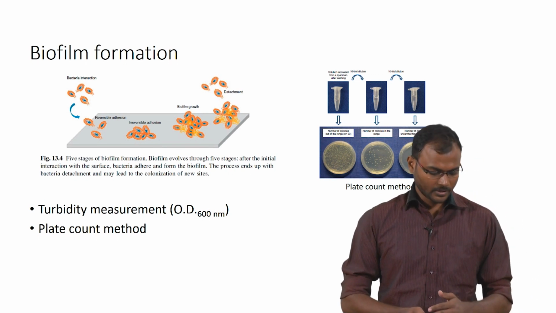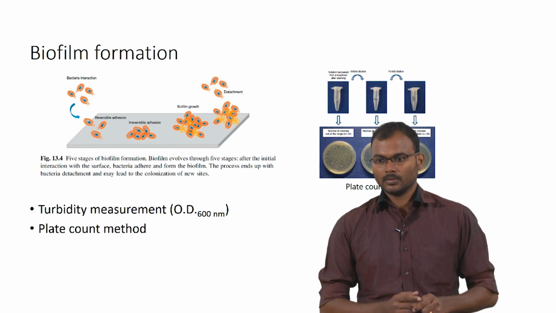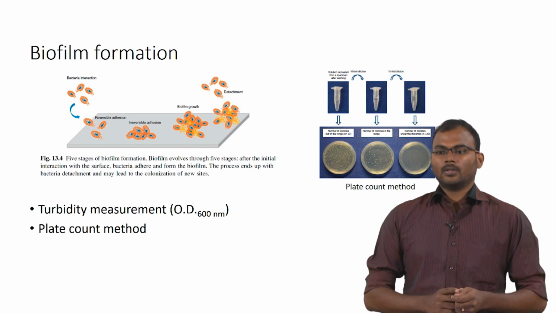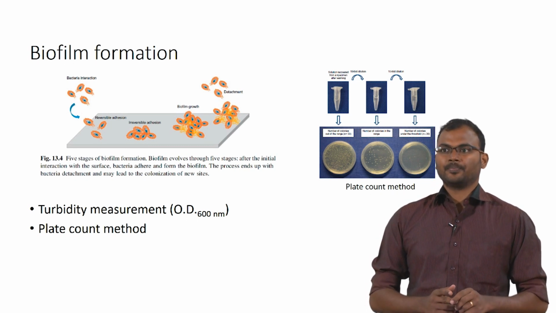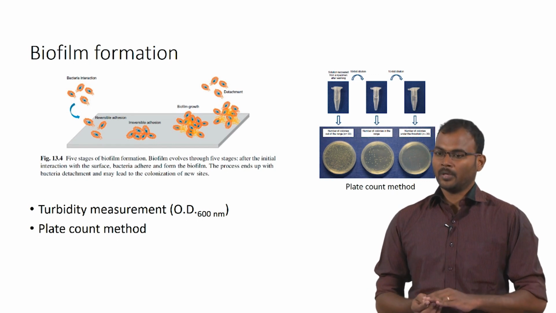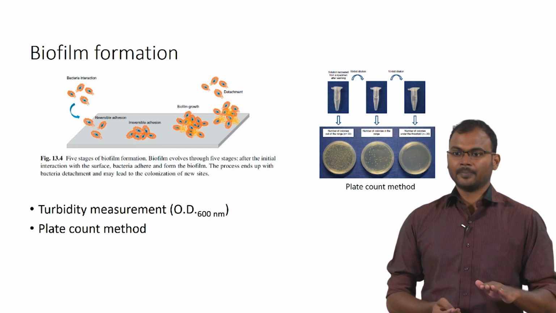Is biofilm formation caused only by gram-negative bacteria because only they have the lipopolysaccharide? It's not exactly only gram-negative bacteria. It depends on the material properties also. Predominantly, it is gram-negative bacteria.